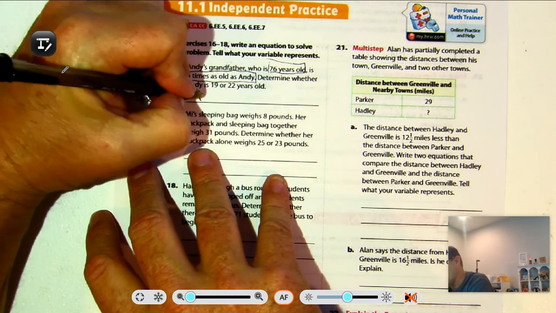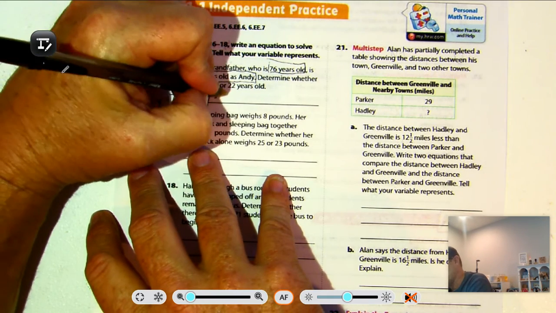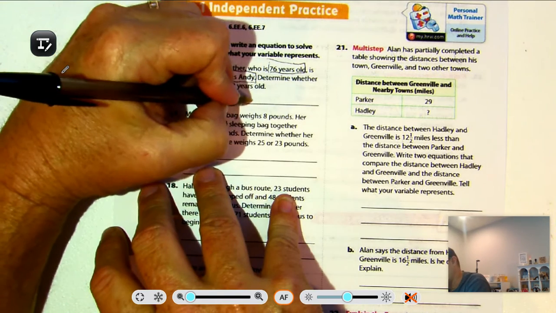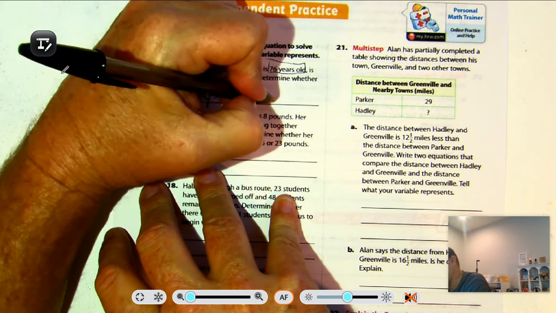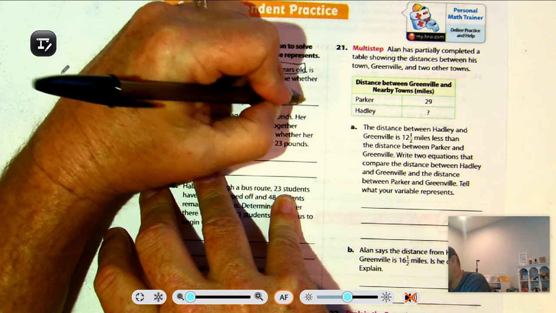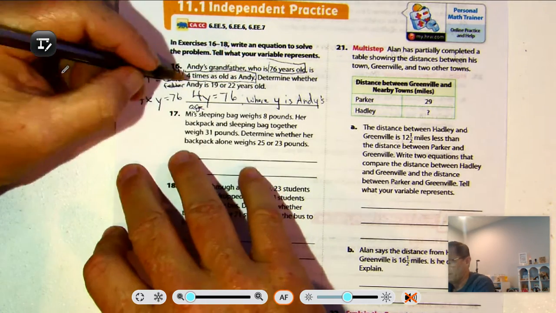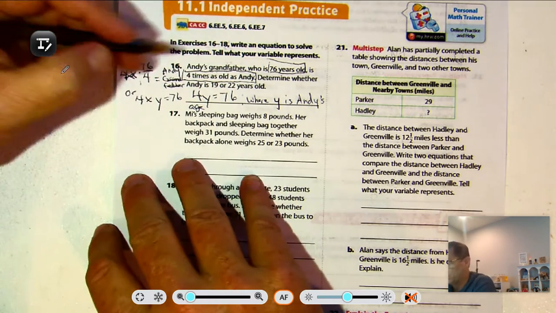So we can go 4y equals 76, where y is Andy's age.